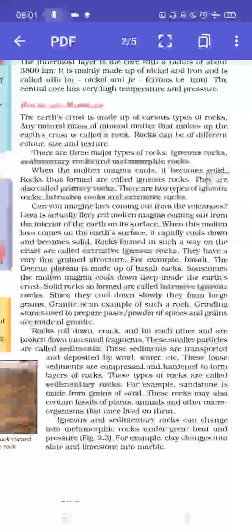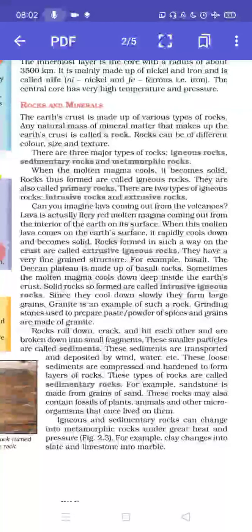For example, sandstone is made from grains of sand. These rocks may also contain fossils of plants, animals and other microorganisms that once lived on them. Fossils are very helpful in history. Sometimes some animal died or some plant was there, and because those sediments keep on coming, it is compressed in between.